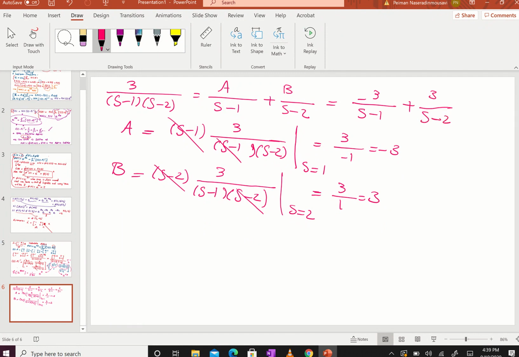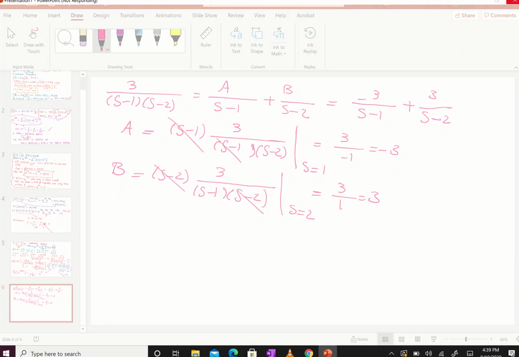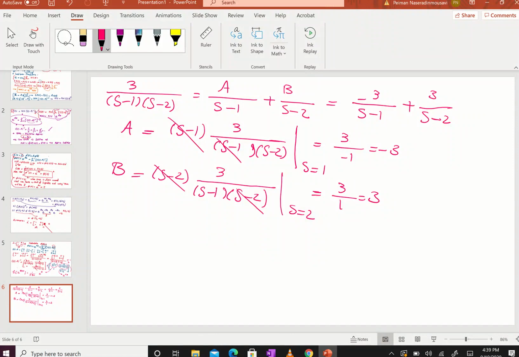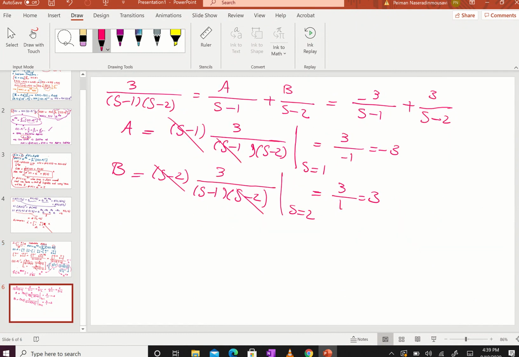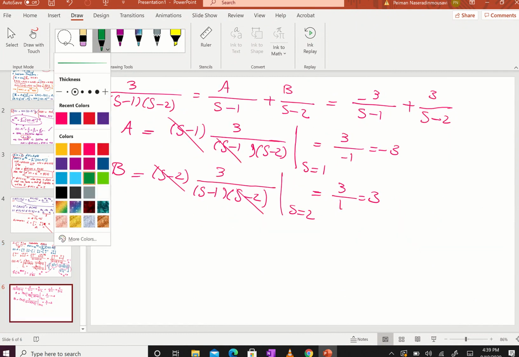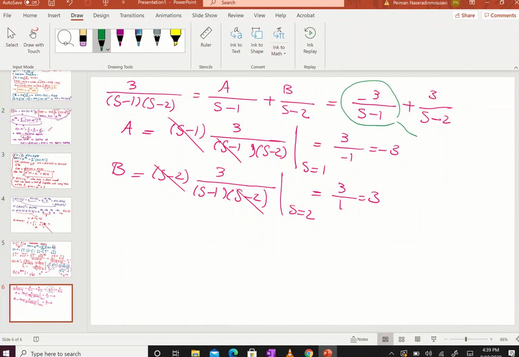So now you can use this relation, as we did here, for this and for this. You can easily see that the inverse Laplace of this term is going to be minus 3e^t, and the inverse Laplace of this term is going to be 3e^(2t). Understand?